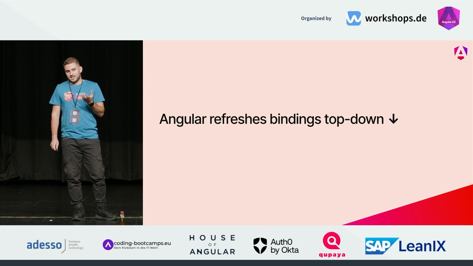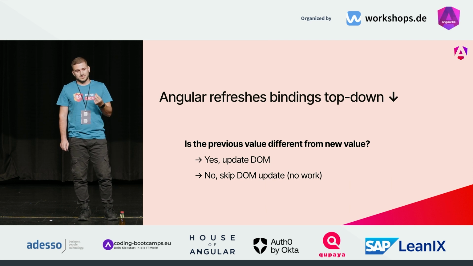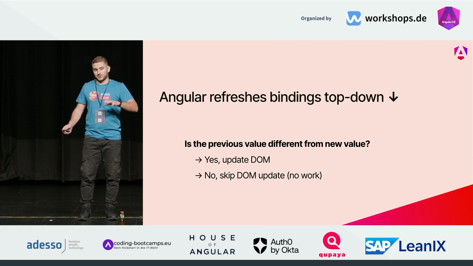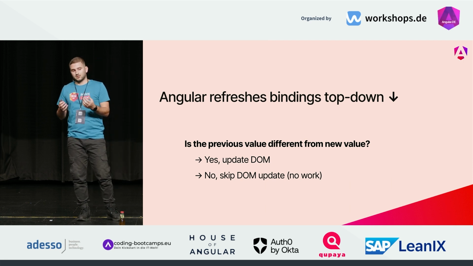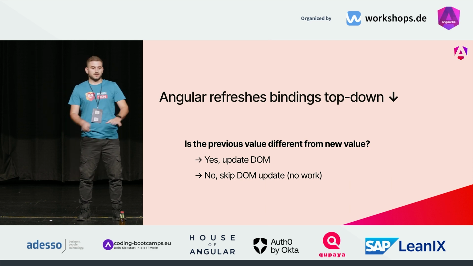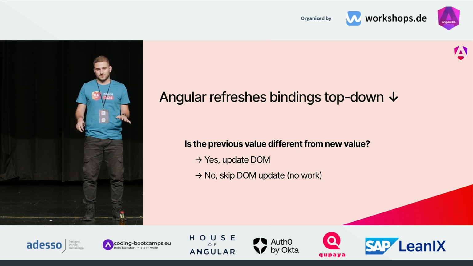But basically, Angular refreshes bindings top down. And of course, refreshes means if the previous value is different from the new one, I mean the stuff that we have used on the template, like count before, if it's different, then great, update the DOM. If not, then skip any DOM update, so don't do any work.